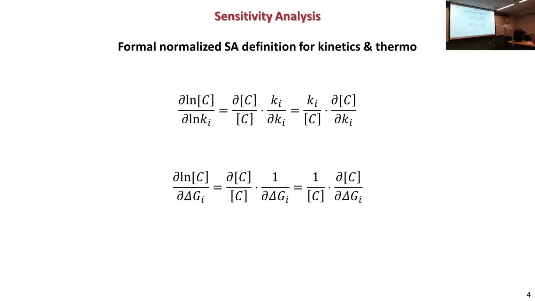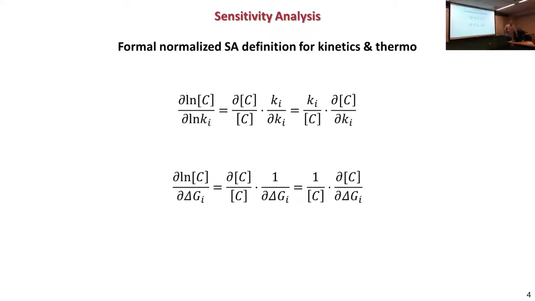Then what? If you multiply by delta G, you'll get 0 sensitivity. So all the sensitivities when you change delta G of all other species will always be 0. You won't have a species you're sensitive to. You won't have any differences in the sensitivity.